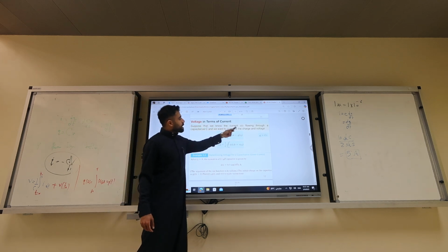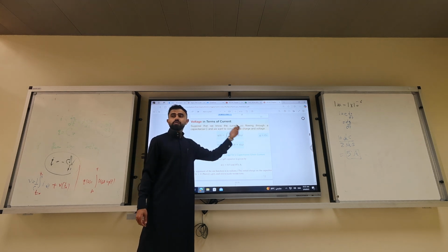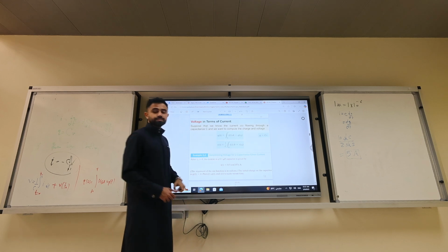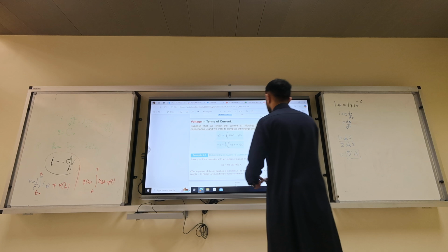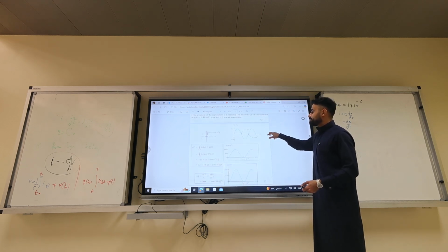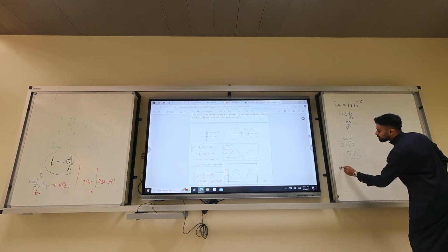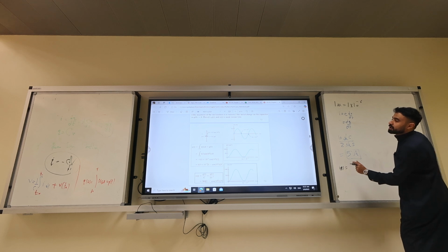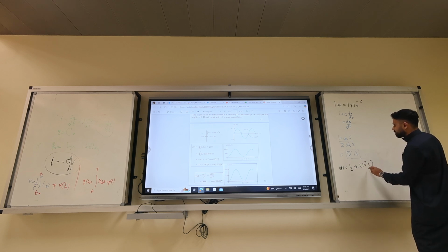Suppose that we know the current i(t) flowing through a capacitance C, we want to compute the charge and the voltage, we use these two equations. How to use this equation? It's very simple. You do the integral. So let's say you have i(t) equals 1 over 2 sine of 10 to the 4 times t.